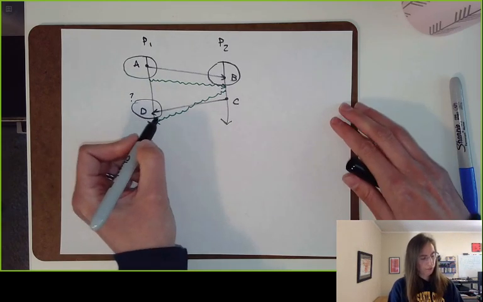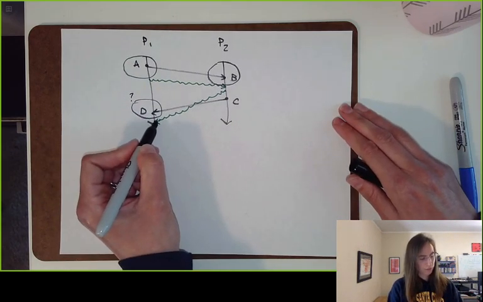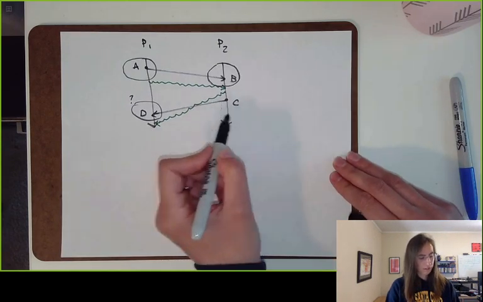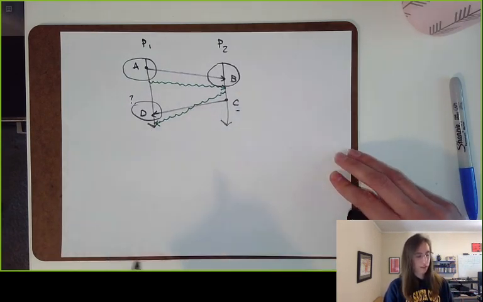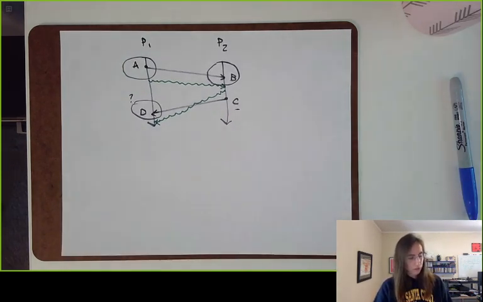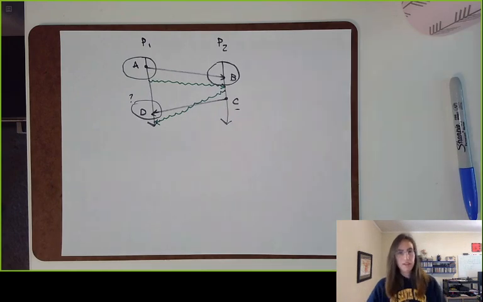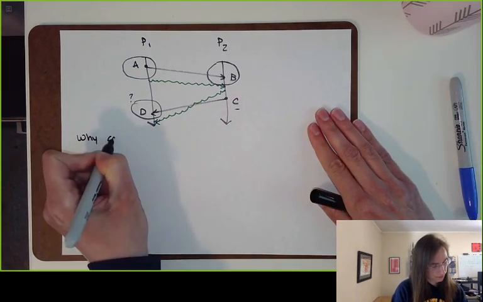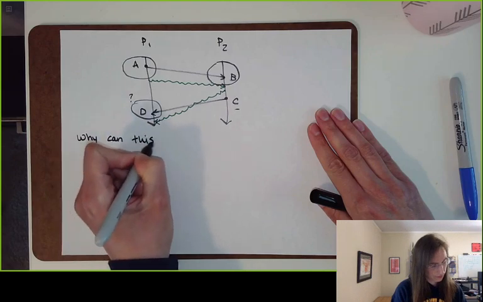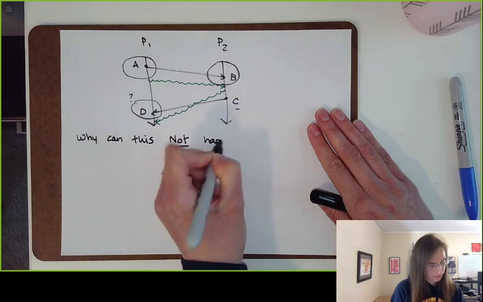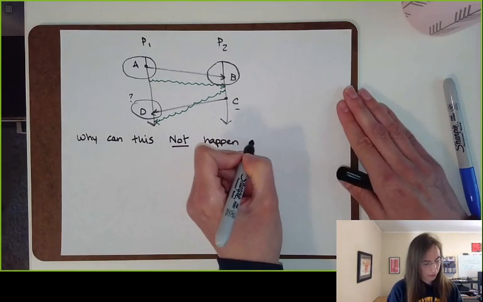It would be very bad if event D were included in the snapshot, because that would make the snapshot inconsistent, right? Because C over here is not in the snapshot. So why can this not happen in the Chandy-Lamport algorithm?